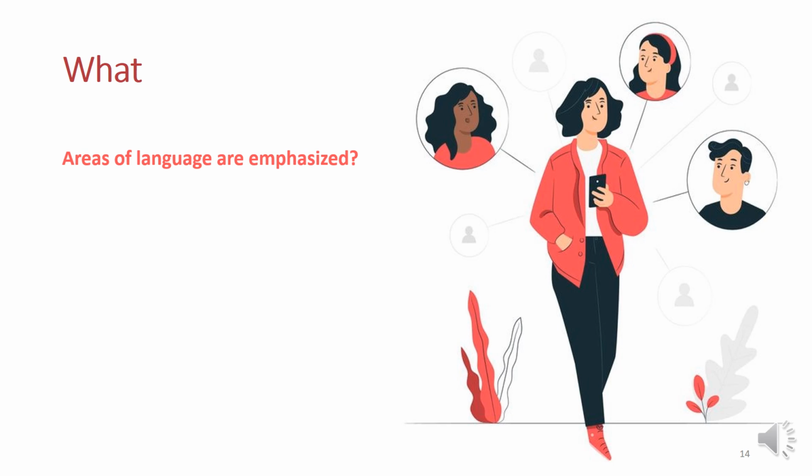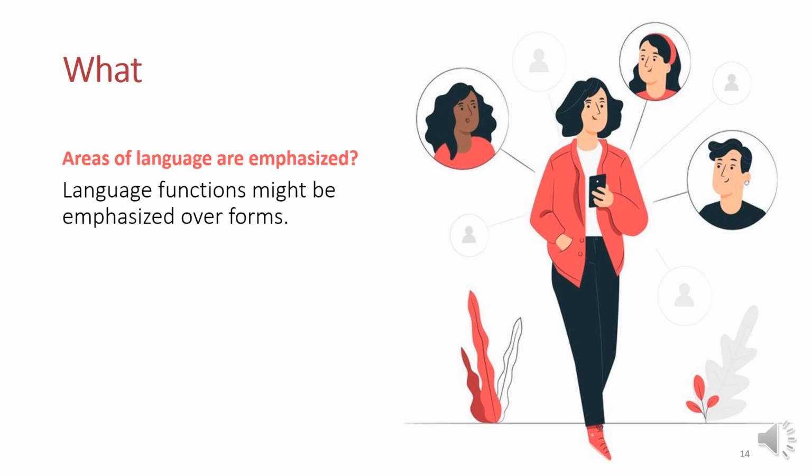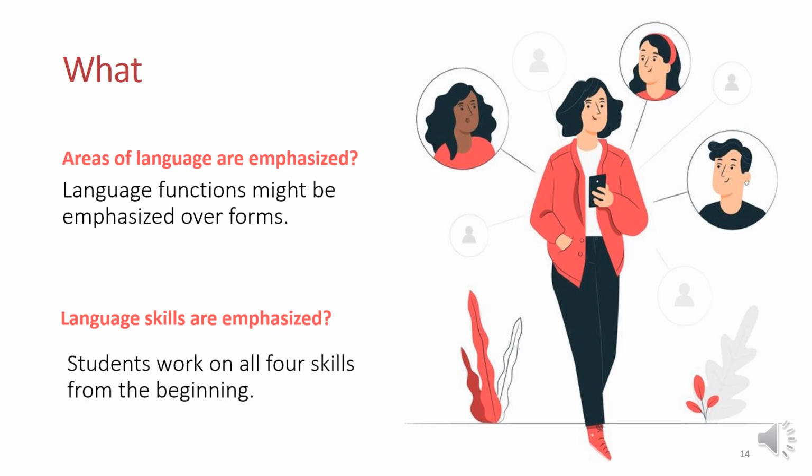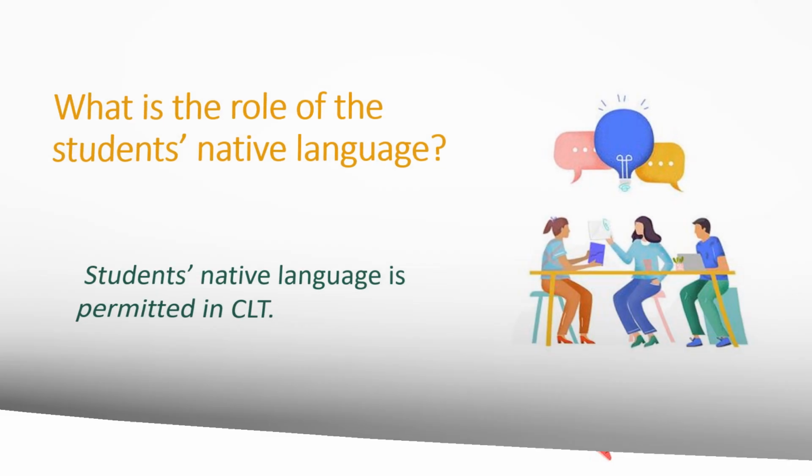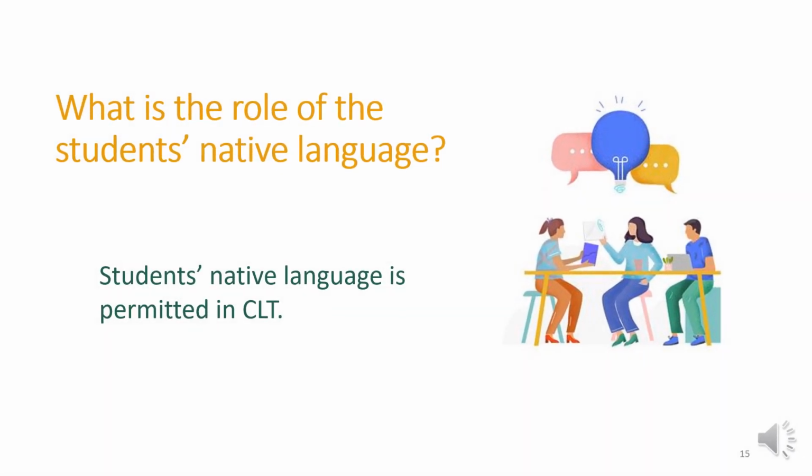We have language functions might be emphasized over forms, and we have the four skills worked from the beginning, as the skills are emphasized in CLT. Now let us know about the students' native language. So the students' native language is permitted in communicative language teaching.